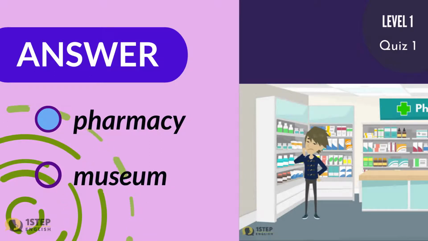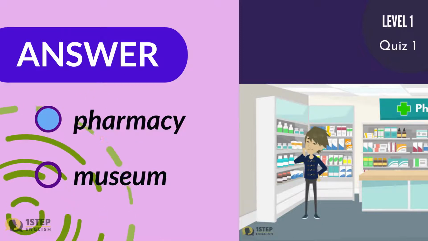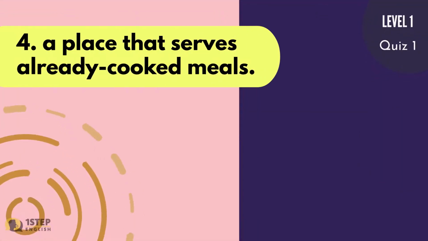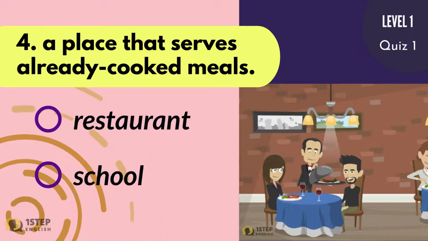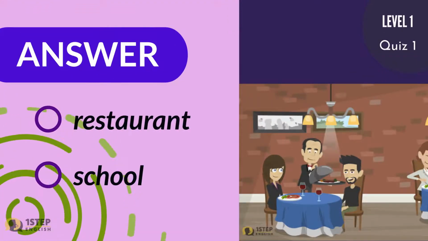The answer is pharmacy. Number 4. A place that serves already cooked meals. The answer is restaurant.